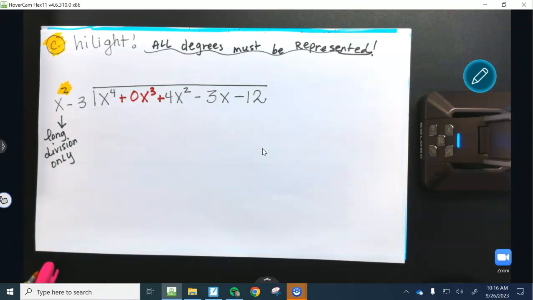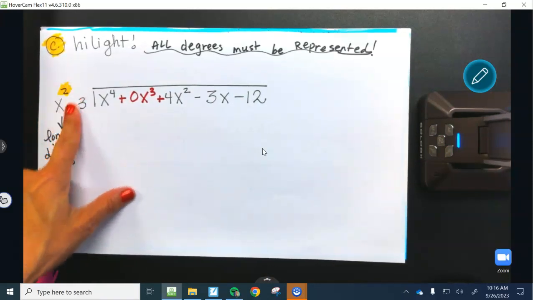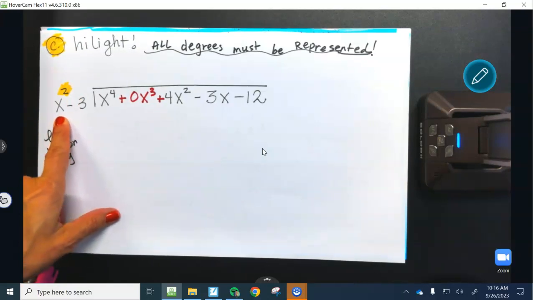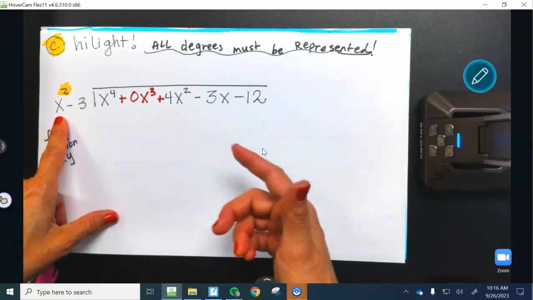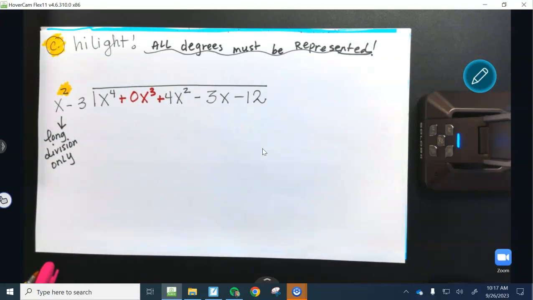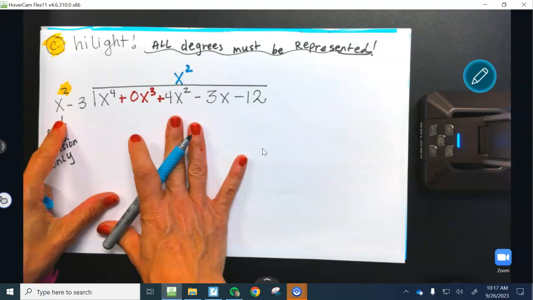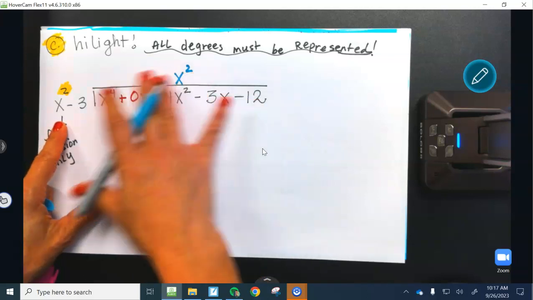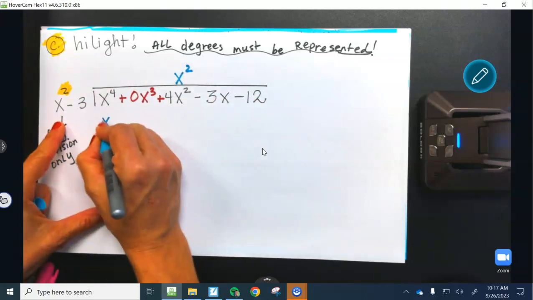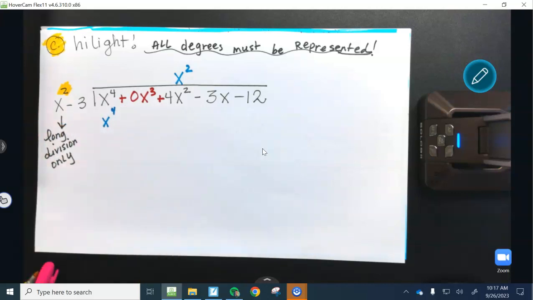Okay, now we are ready to just let this drive the whole problem. So we want x squared to look like x to the 4th. So we're going to multiply this by plain x squared. Make sure you line up your degrees. And then x squared times x squared is exactly what we wanted, x to the 4th.